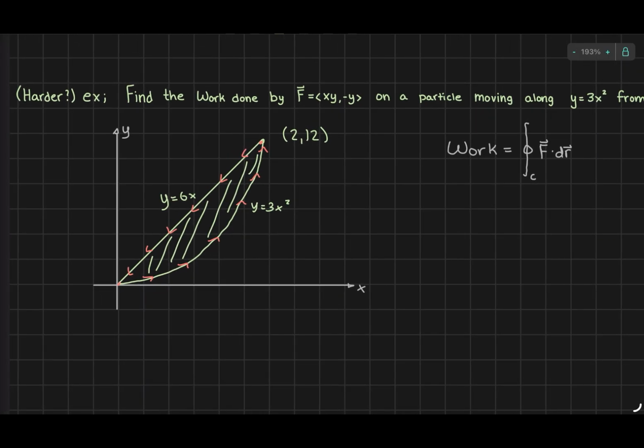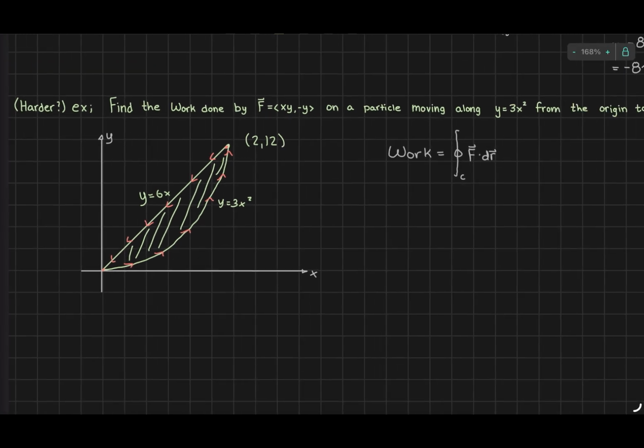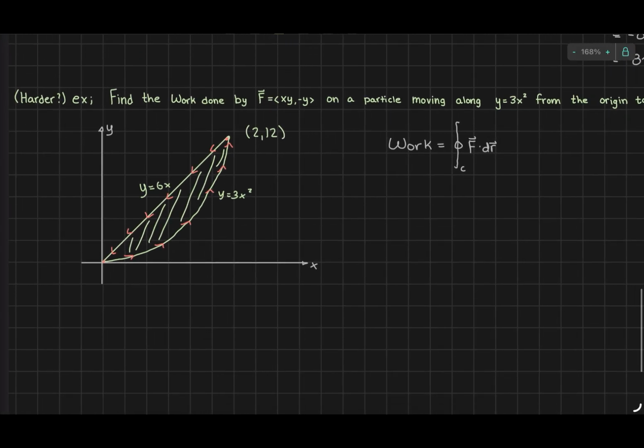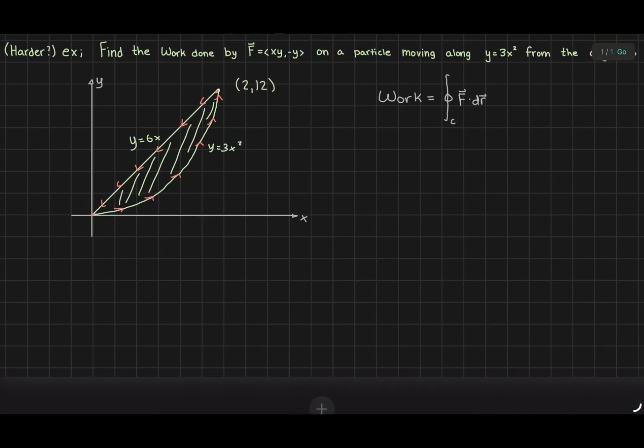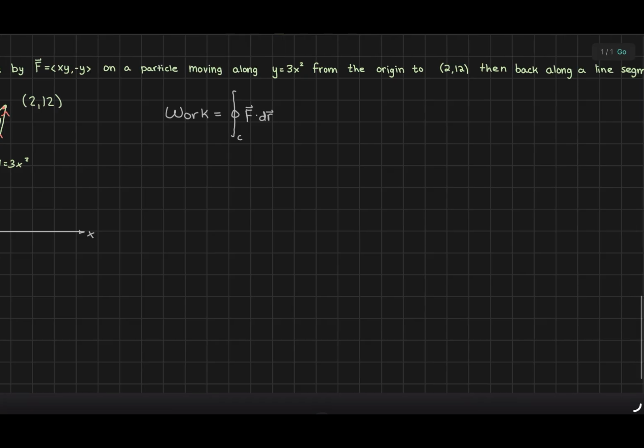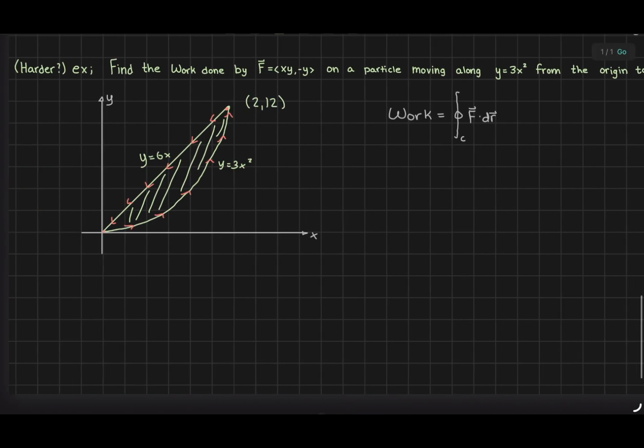I define this as harder because technically we are able to do a line integral, but that will be a lot more work. So let's just go ahead and use Green's theorem. We know that Green's theorem applies. It's a closed curve and we're finding the work. There's really nothing here that indicates that we can't use Green's theorem.